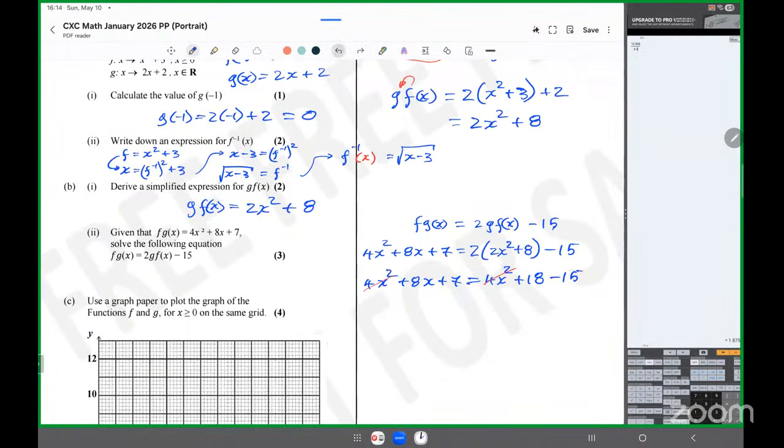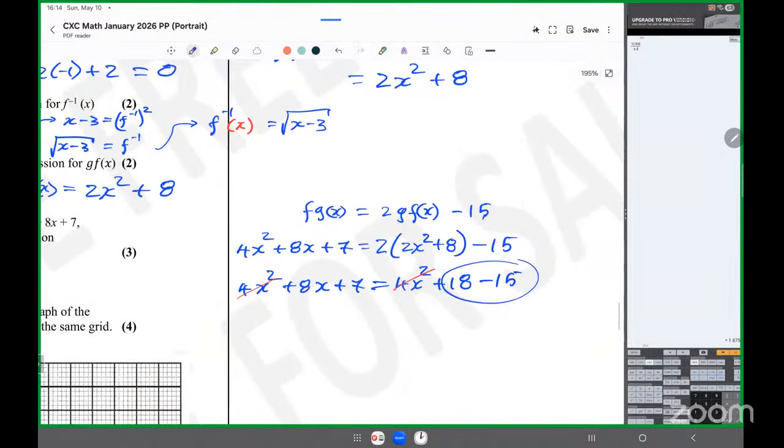Firstly, that 16 I'm supposed to write, 2 times 8 is 16. 16 minus 15 is 1. So this becomes a 1. Then the 7 will come over here and subtract from it. We're going to get a negative 6, since 1 minus 7 is negative 6. We're going to get 8x.